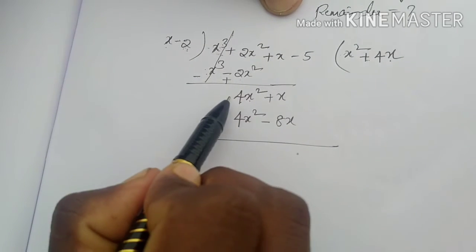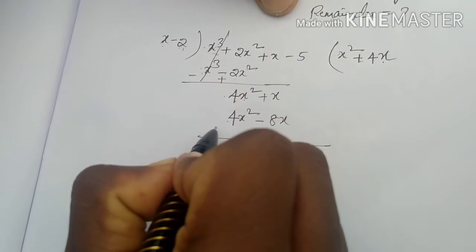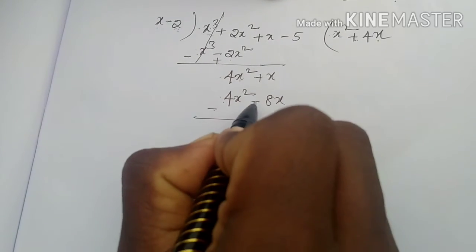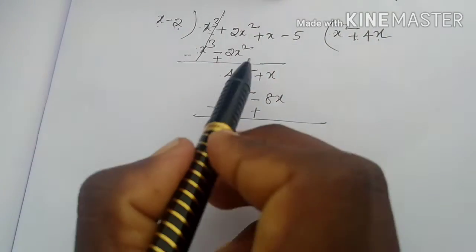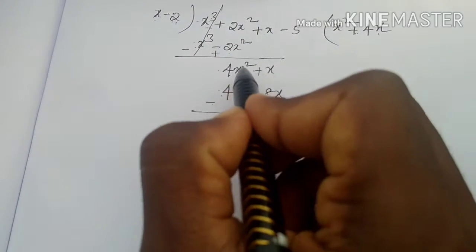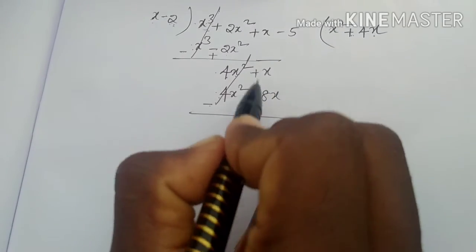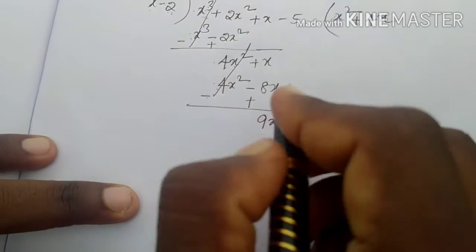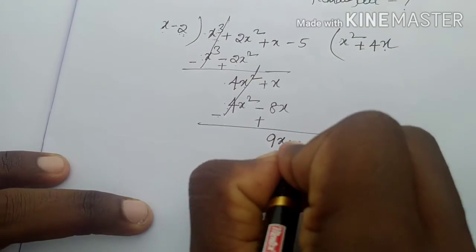Again plus and plus, so we go for subtraction: plus becomes minus, minus becomes plus. 4x square minus 4x square gets cancelled. Plus x and plus 8x becomes 9x, and we have minus 5.